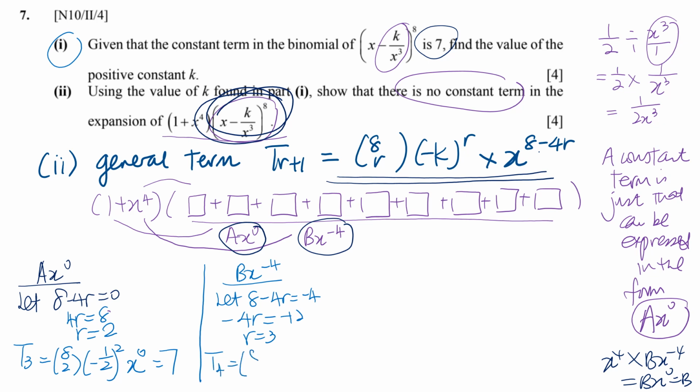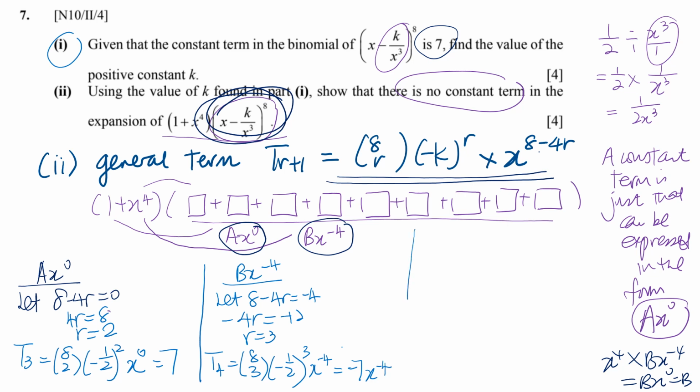That will be 8 choose 3 times bracket negative half to the power of 3. We get negative 7 x to the power negative 4.